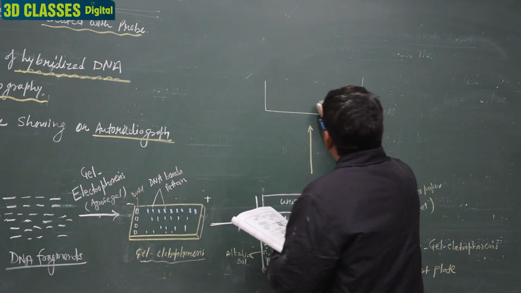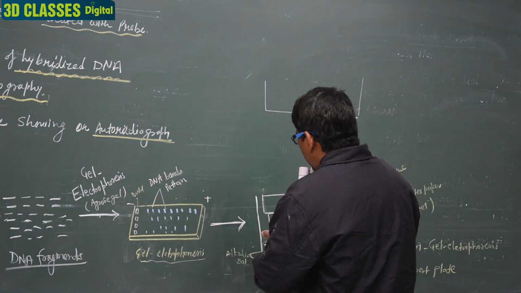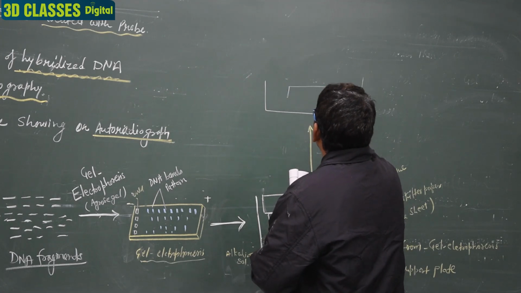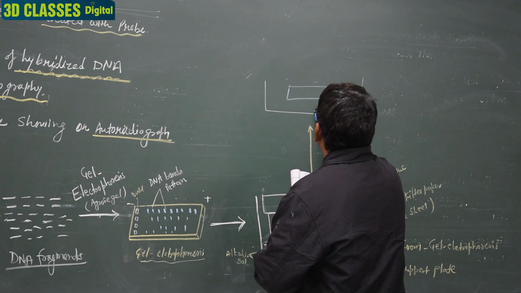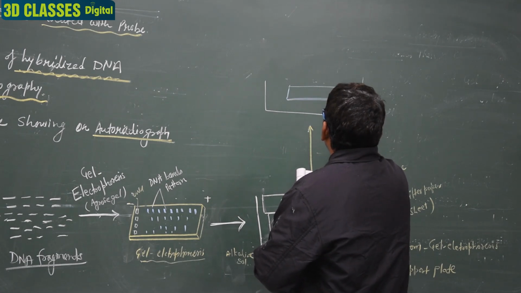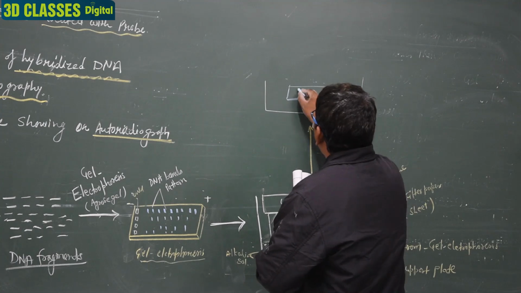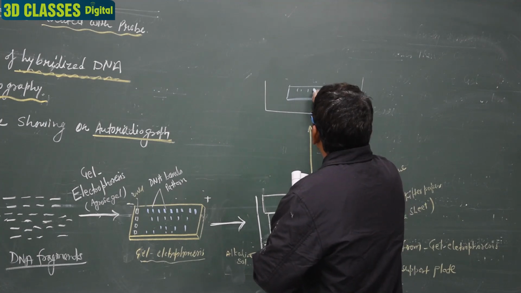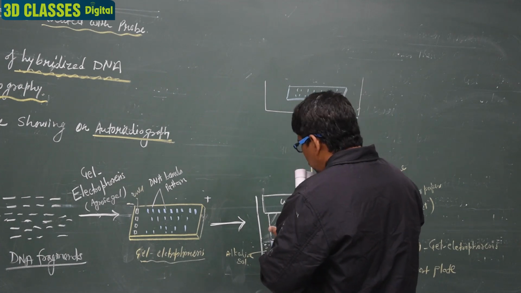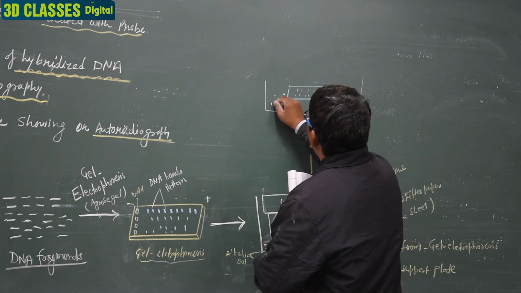Here it is a sheet, nitrocellulose filter sheet. Clear? It contains the band pattern like this, and it is treated with the probe solution.